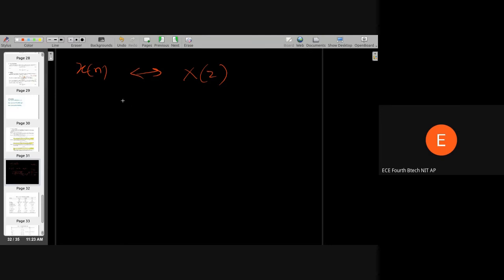So if all the poles, this is the unit circle where r equal to 1, if all the poles are inside the unit circle and your signal is right-sided, what does it mean to be right-sided?